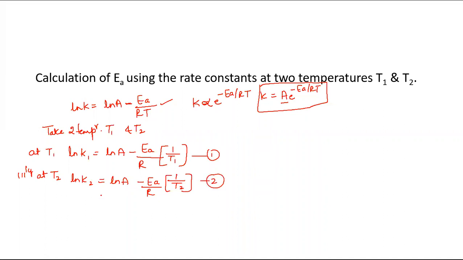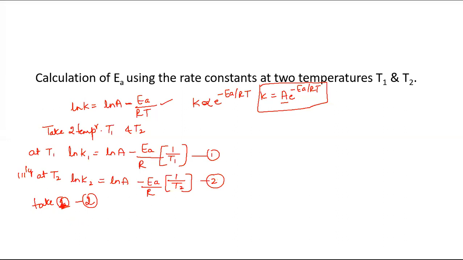So now what happens with this? Take equation 2 minus equation 1. Equation 1 is subtracted from equation 2. Let's write what we get when we subtract it. Since we have taken 2 as equation 2, equation 2 must be subtracted with equation 1.